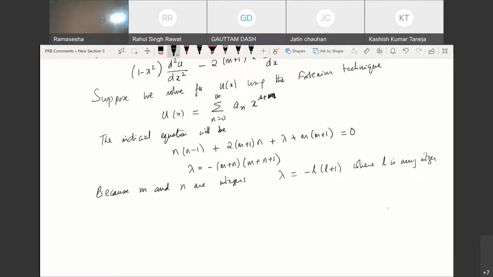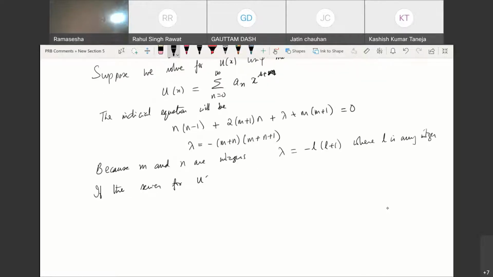Okay, and one thing is that if the series for u of x does not terminate, then u of x tends to infinity at x equal to plus or minus 1.